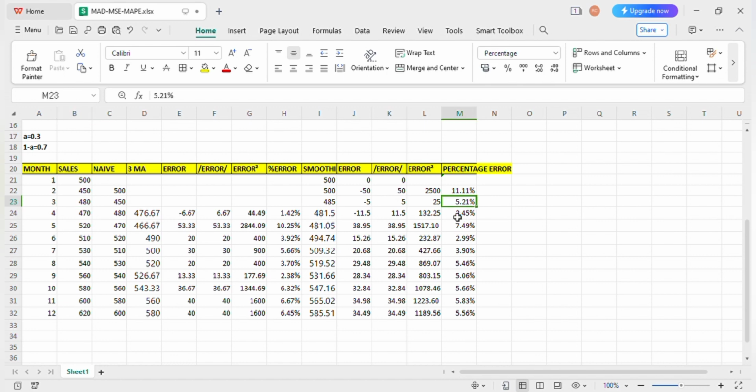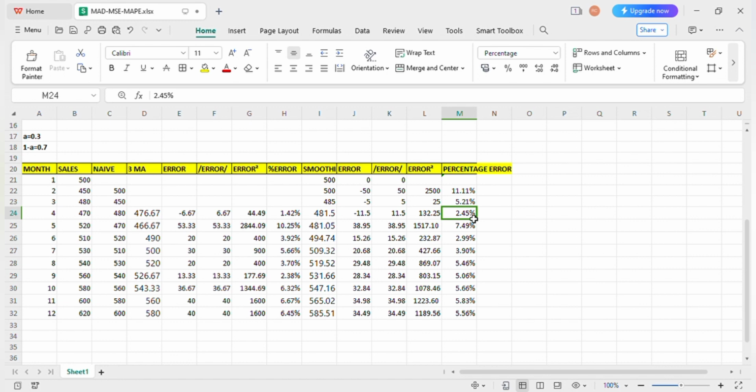And we also have here the absolute error of 11.5. We divide it by the actual sales of 470, and from that result, we multiply by 100 in order to get 2.45%. So you have to take note that you always have to multiply the result by 100 in percentage error to get the percentage itself.